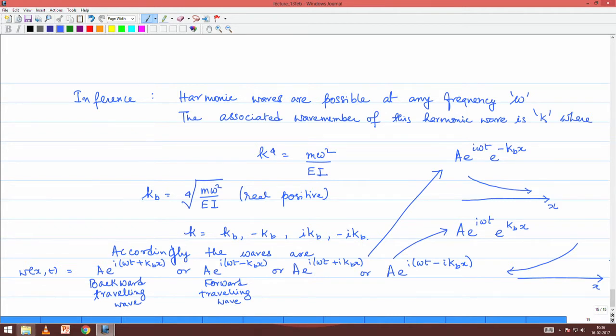If you take a wave component to be decaying in the positive x direction, by symmetry there has to be a wave component in the negative x direction also, right. So, instead of saying that it is growing in the positive x direction, we would prefer to interpret this as decaying in the negative x direction. As the course matures, we will see what the applications of these decaying components are.